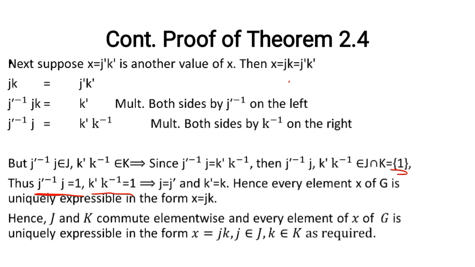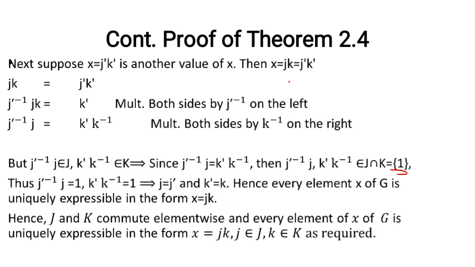So all you do is multiply this side by j prime and j prime on this side, so you will get this one here. For this one, you multiply both sides by k, multiply by k here, multiply by k here, and then you get this relationship. So that's how we arrived at the equality of them both.